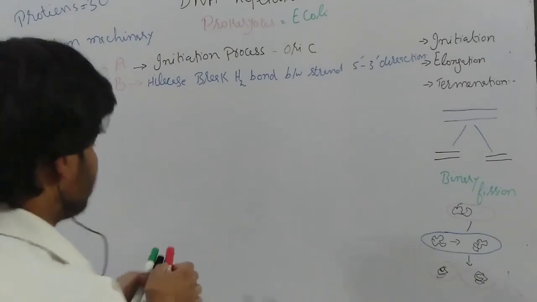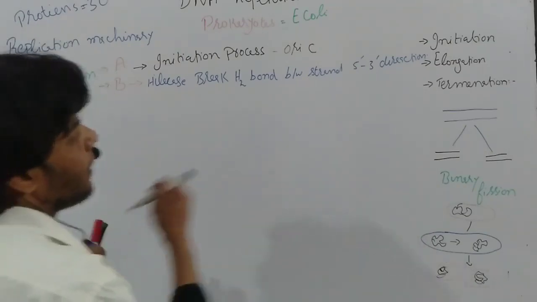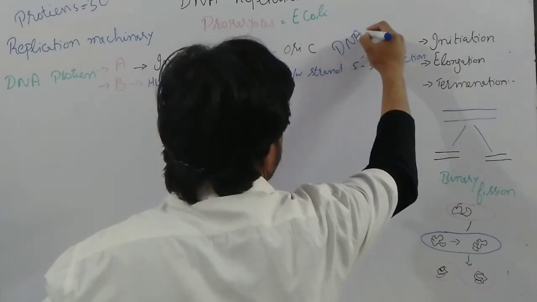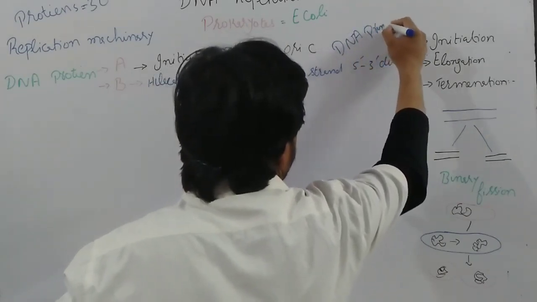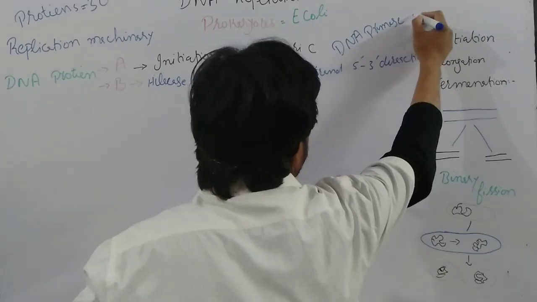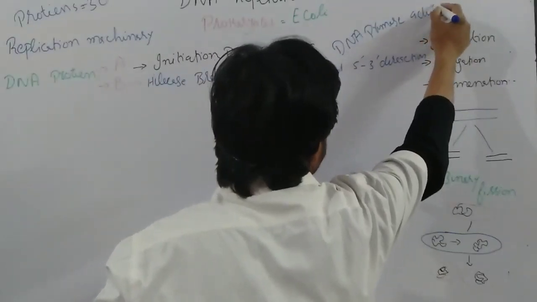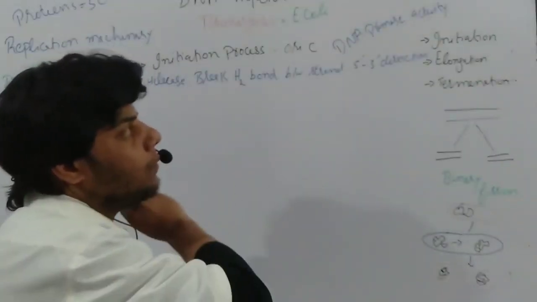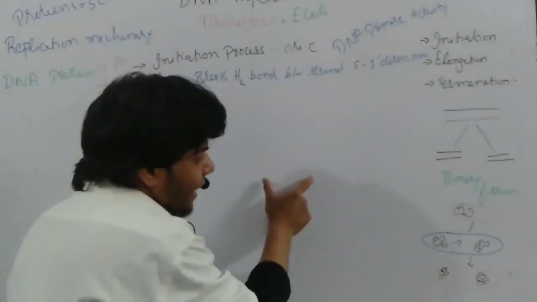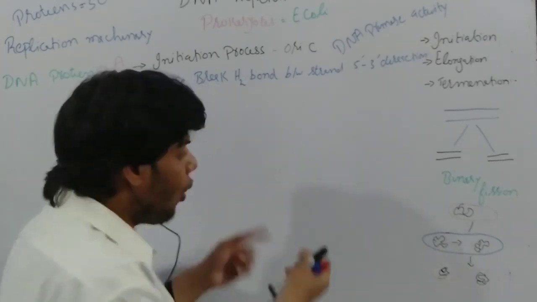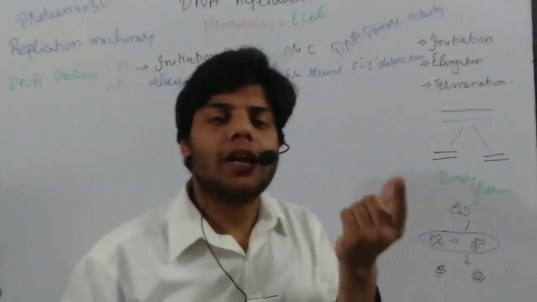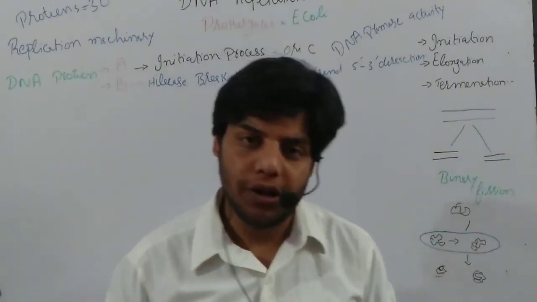And moreover, this protein has a DNA primase activity. What does it mean? It means that they can also add a DNA primer which contains almost 10 nucleotides of DNA.